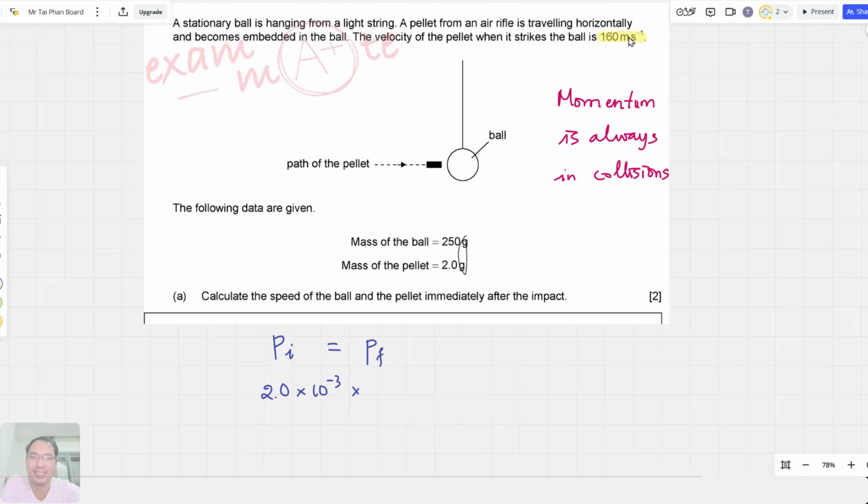This is the velocity, 160 meters per second. So this product, mass and velocity, is the initial momentum.